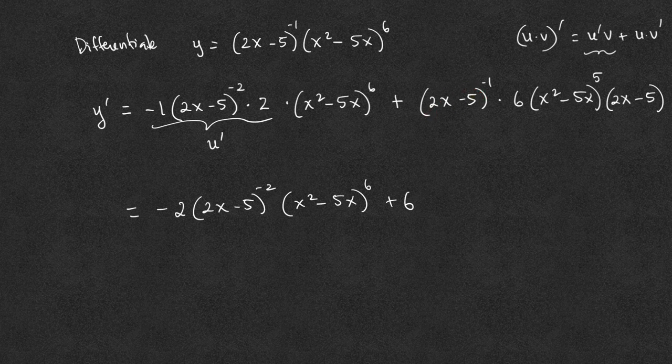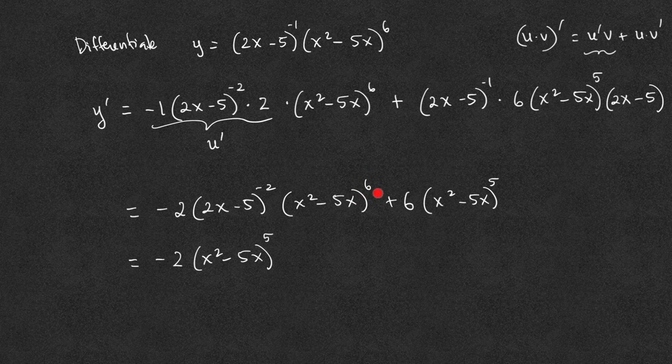And so the second term is only x squared minus 5x to the 5th power with the constant multiple 6 in the front. We then factor out minus 2 x squared minus 5x to the 5th power.